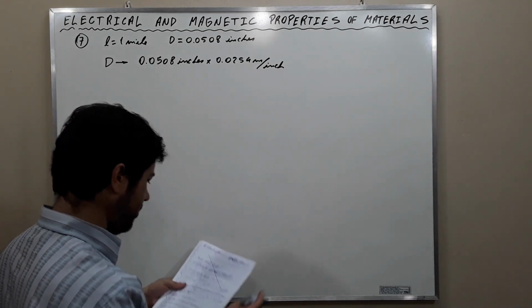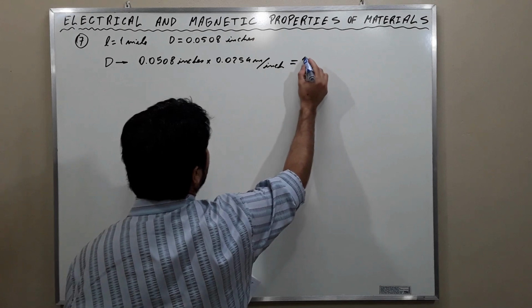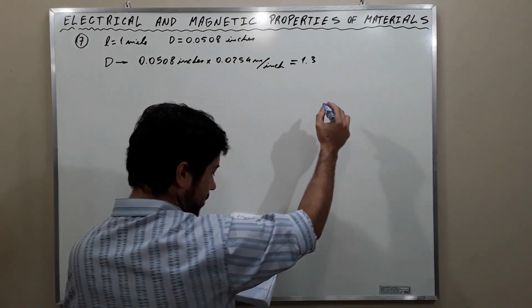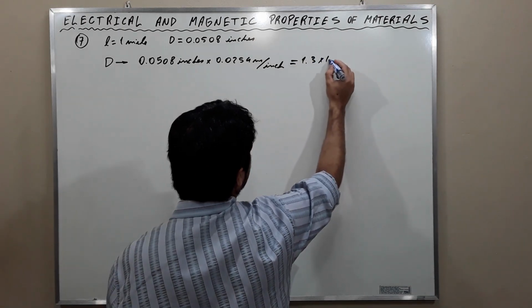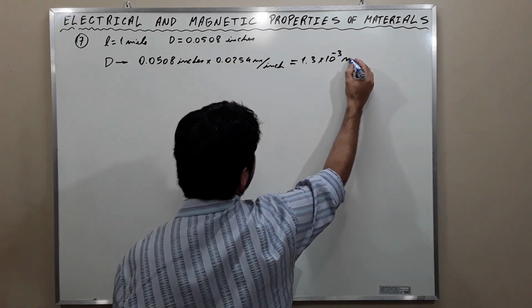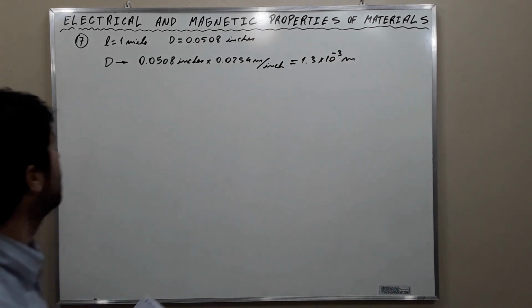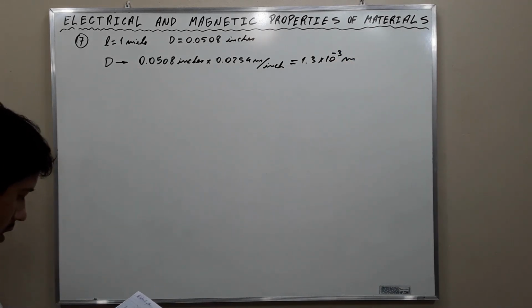And we find 1.3 times 10 to the negative 3 meters. With this value, we can find the cross-sectional area of the copper wire.